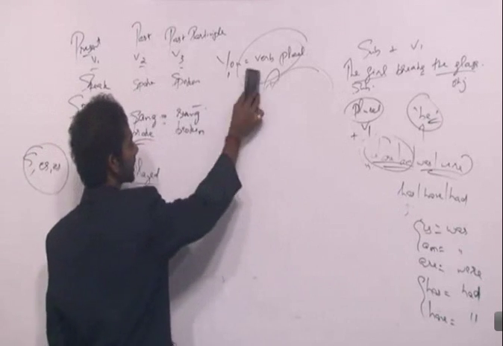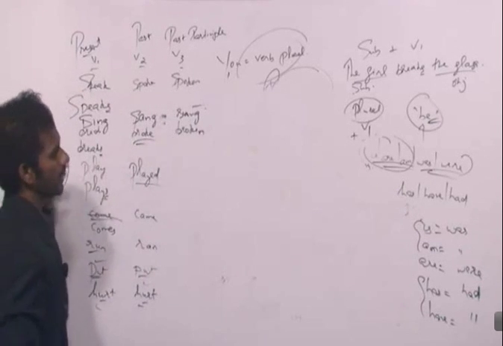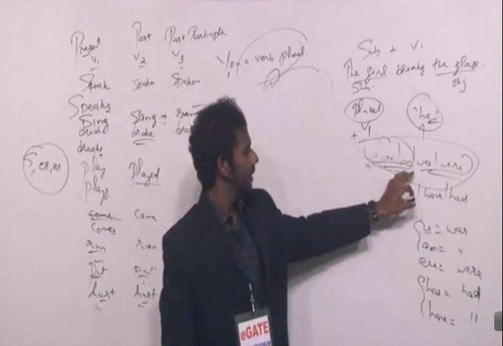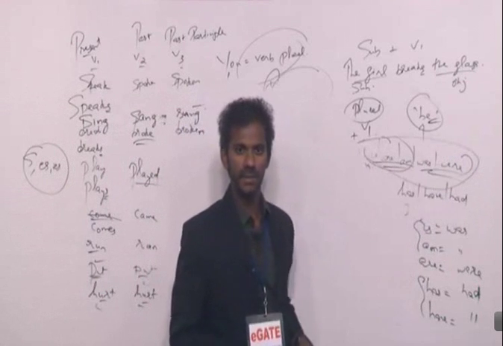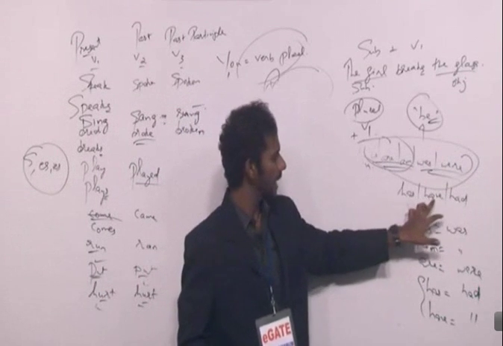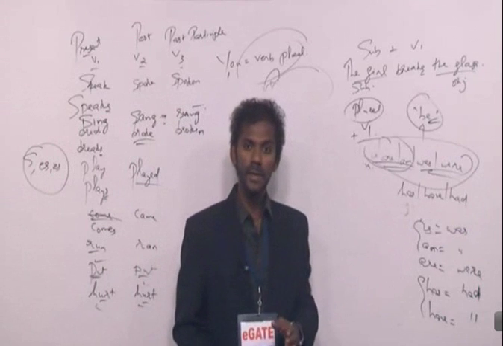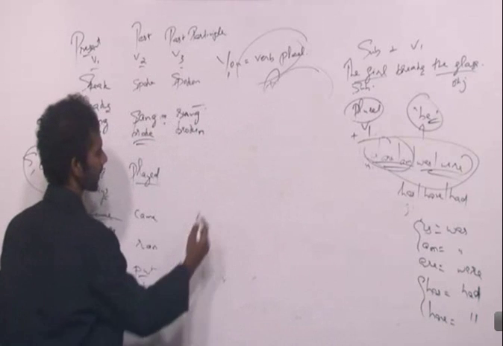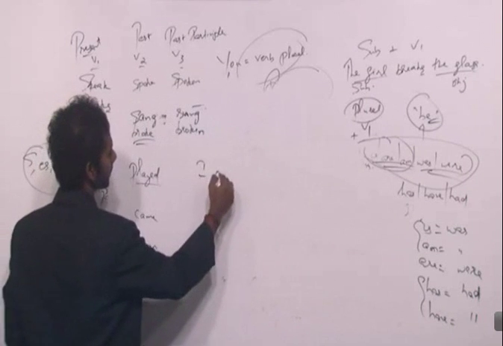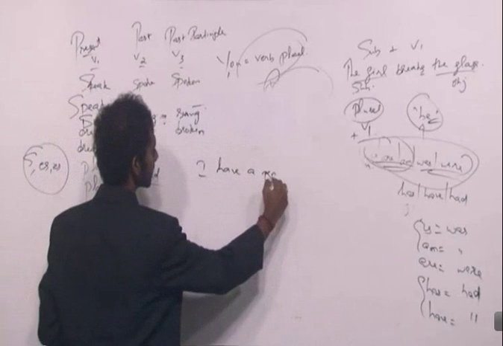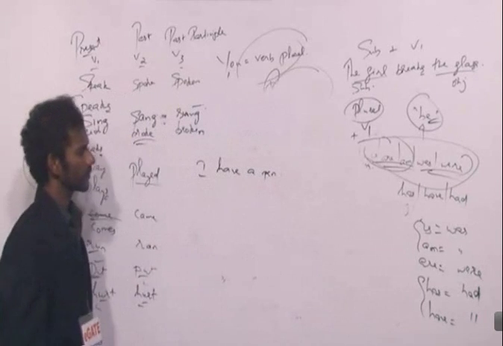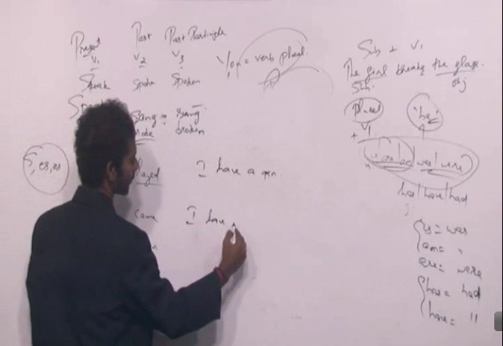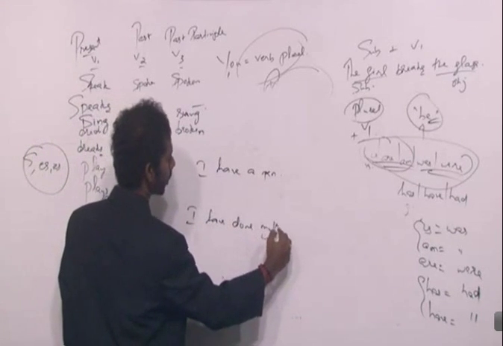Now, as I said earlier, is, are, am, was, and were can only be auxiliary verbs, right? Whereas has, have, and had can be auxiliary verbs as well as main verbs. Fine? If I write sentences like: I have a pen, I have done my homework.